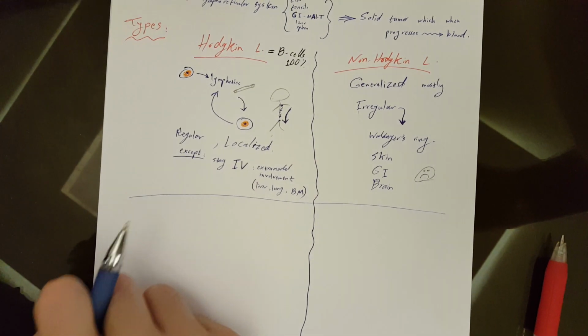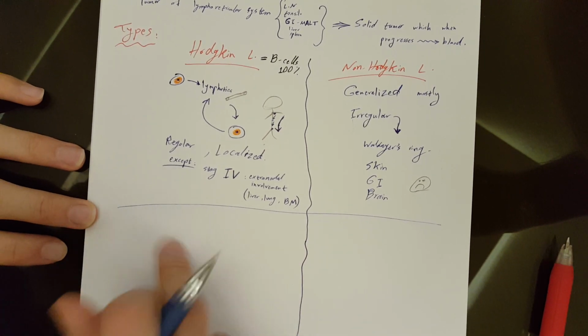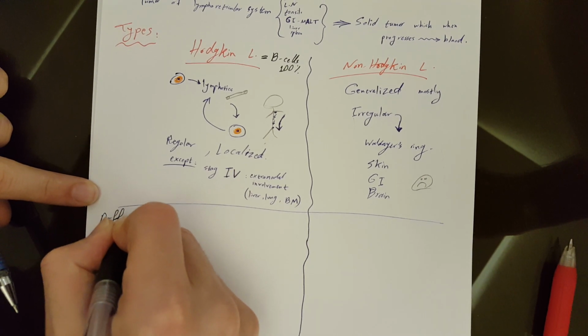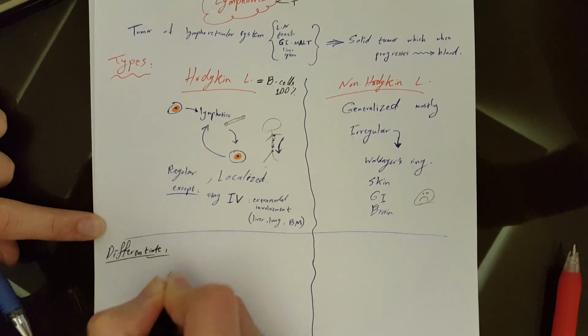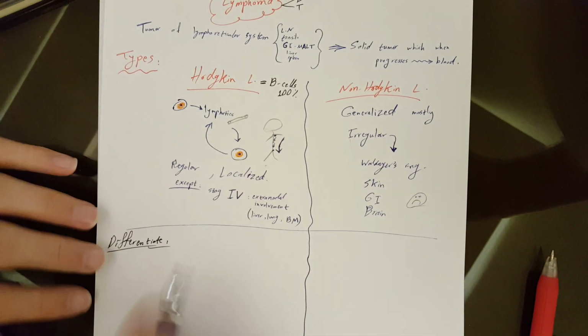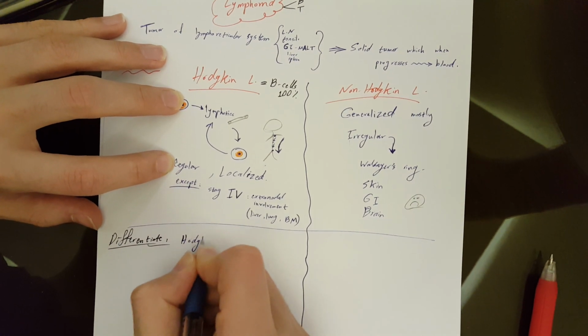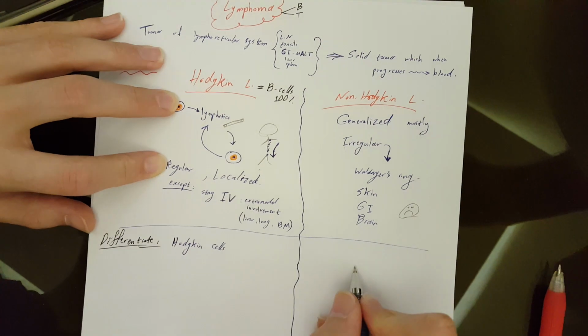Now, the next thing that we're gonna compare these two with is how do we differentiate them from each other. Or what differentiates them other than this? In Hodgkin, the name of it comes from the cells, which are Hodgkin cells. So here you have Hodgkin cells, while here you don't.